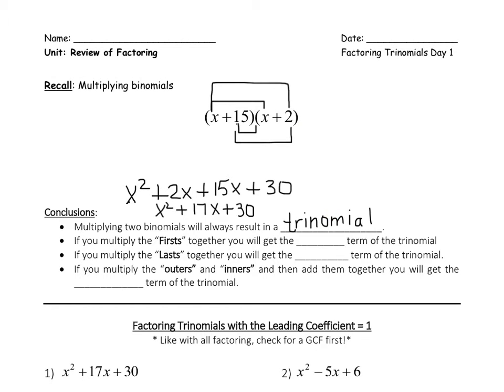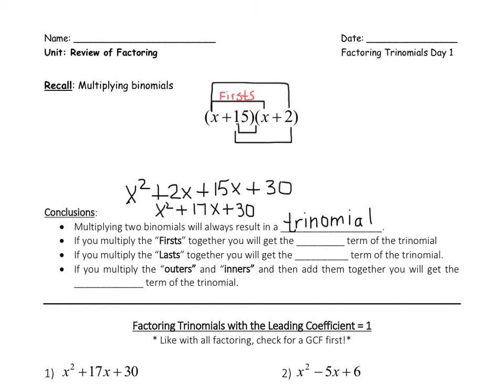Now what I'd like to do is label these parts of these binomials. So this x and this x are in the first positions of these parentheses. So we're going to label these two x's with firsts. Then we multiplied x times 2. This x and 2, they're on the outsides of the whole thing.